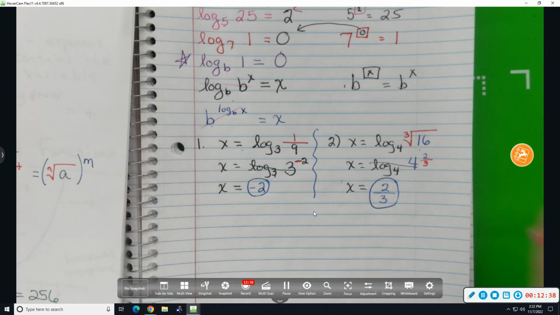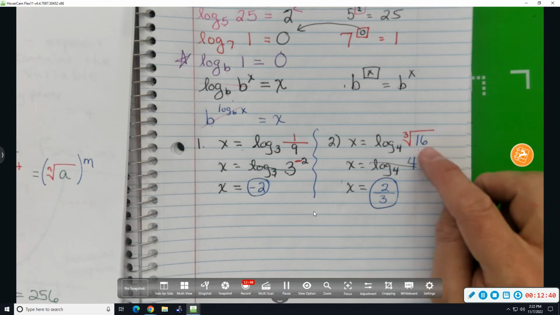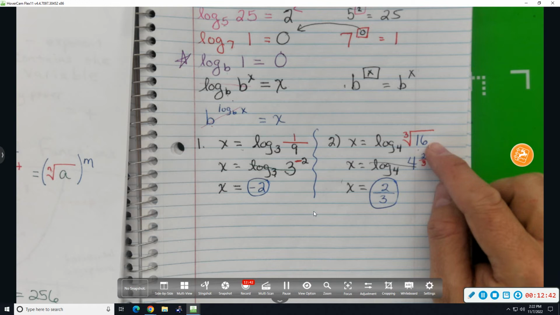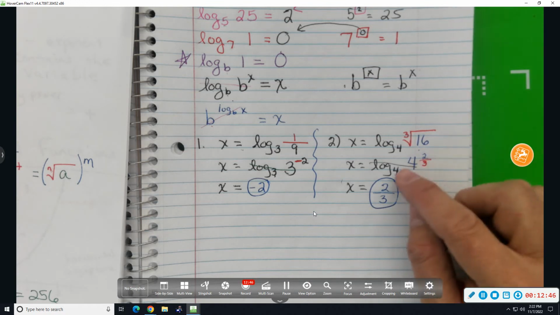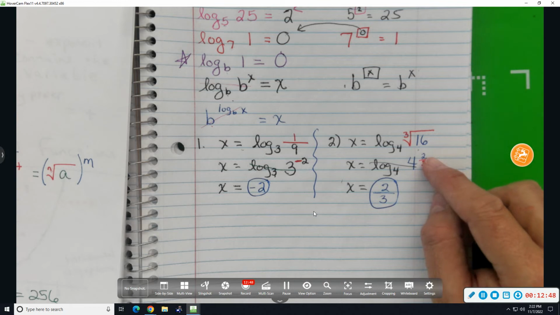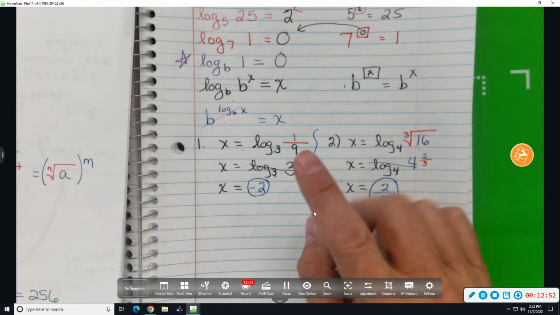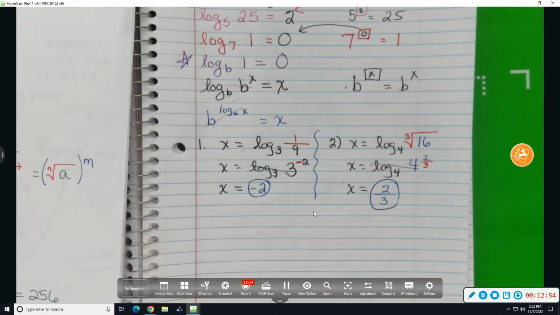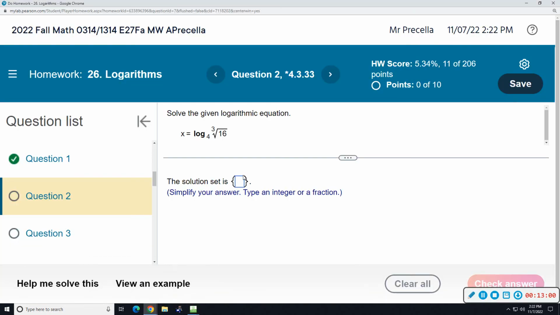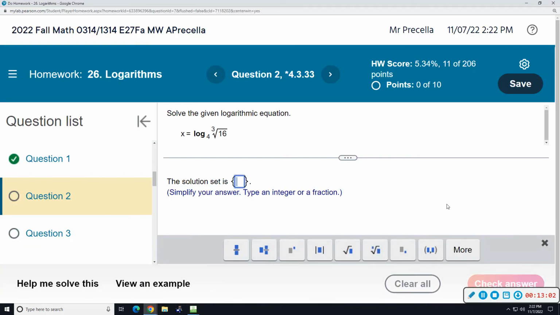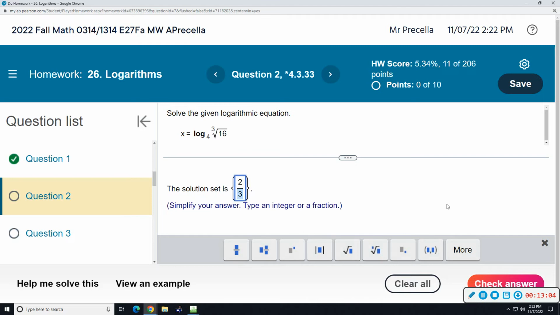By that I mean, if you're wondering, what if that 16 had been a 15? You couldn't write 15 as 4 to a power. Or what if this 9 had been an 8? You couldn't write 8 as 3 to some power. These are rigged to work out like this. So 2/3.